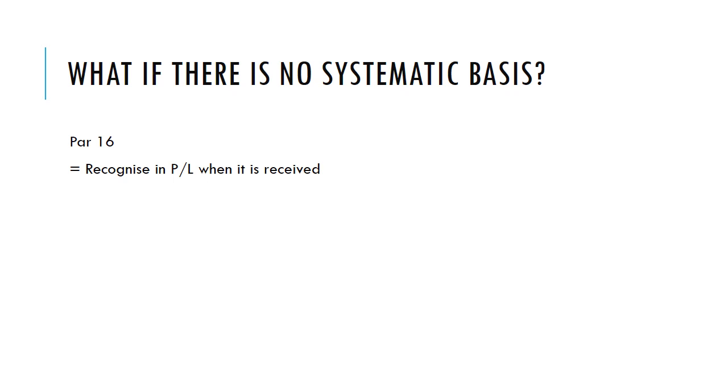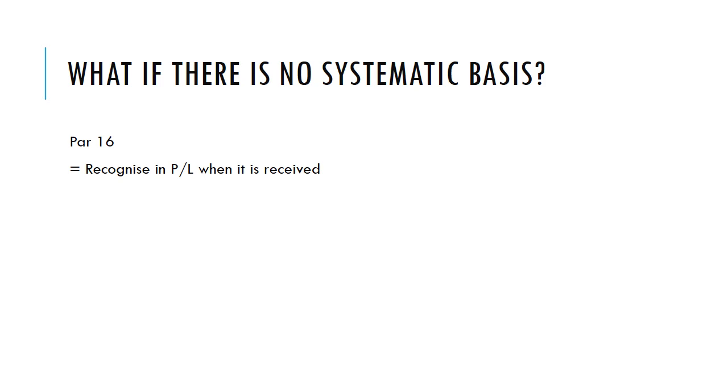Then paragraph 16 answers a very important question for us: what if there is no systematic basis? Okay, it tells us that you recognize in profit and loss when you receive the grant. But remember, we said that we want to recognize in profit and loss on a systematic basis.